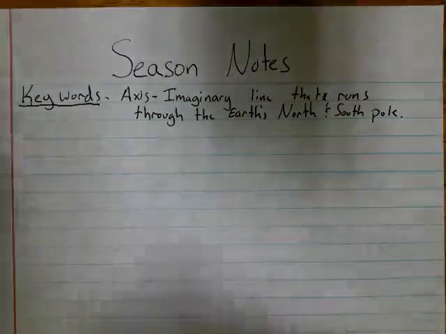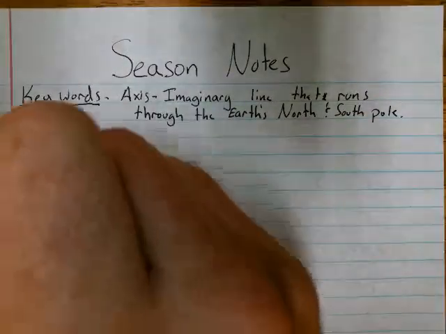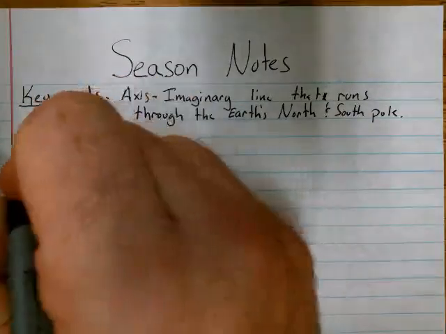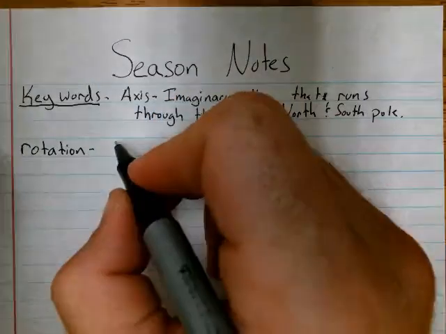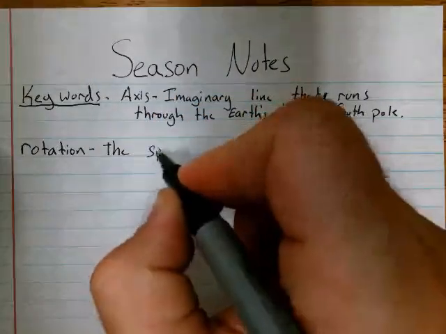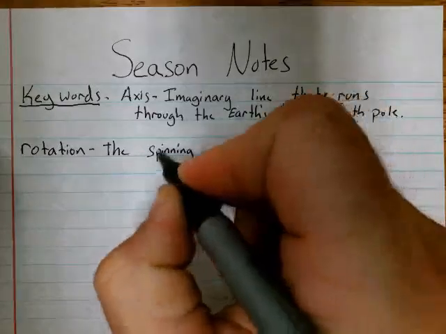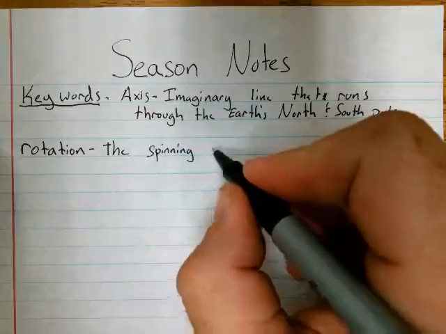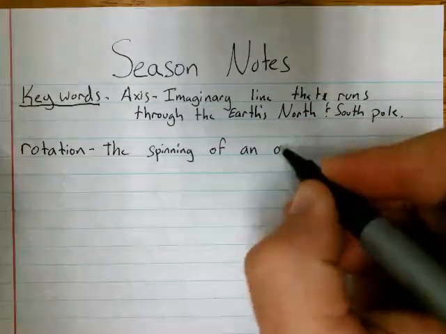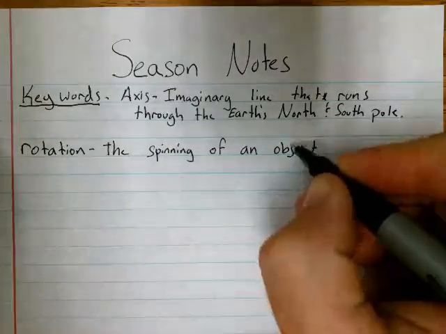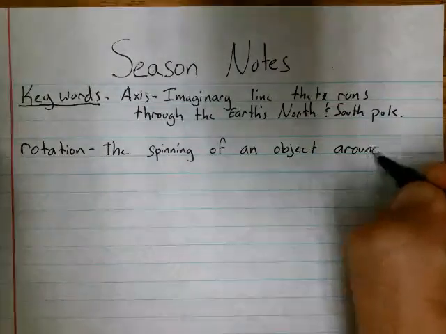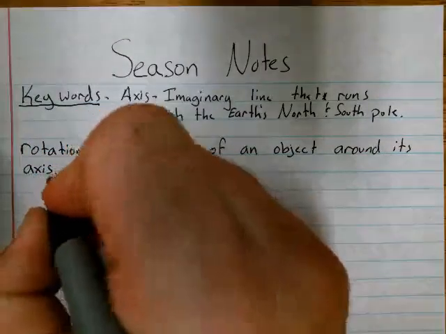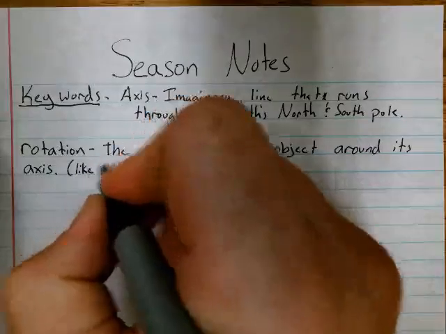Alright, the next word we need to define is rotation. And rotation is the spinning of an object around its axis, like the Earth does.